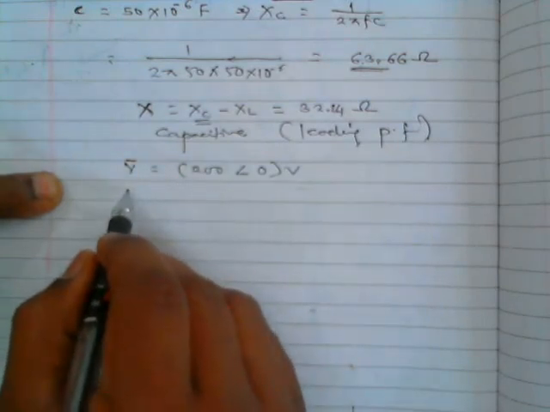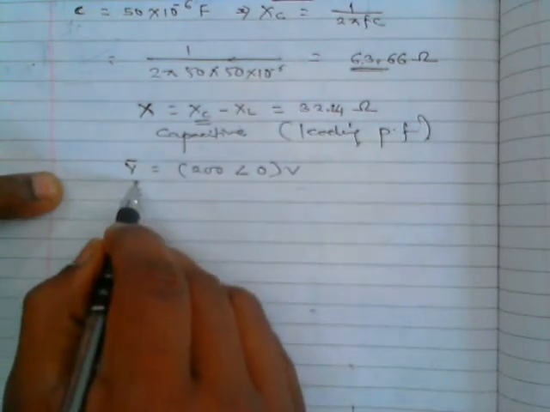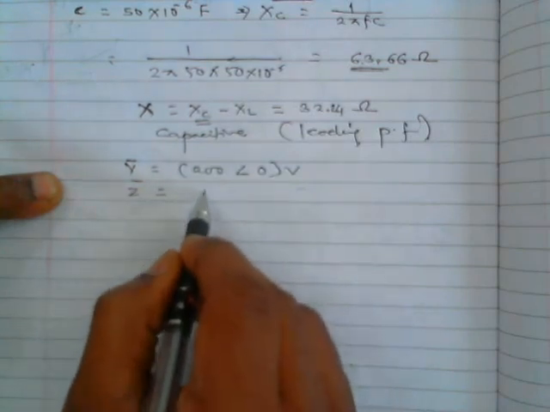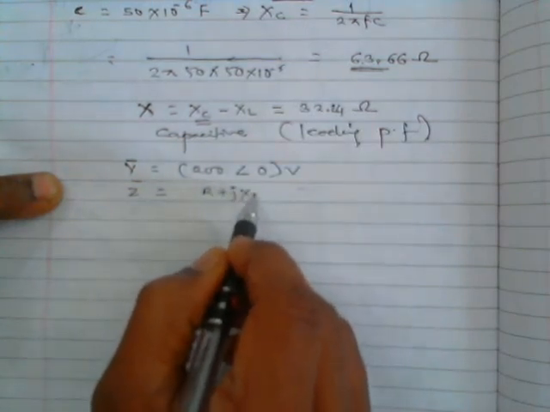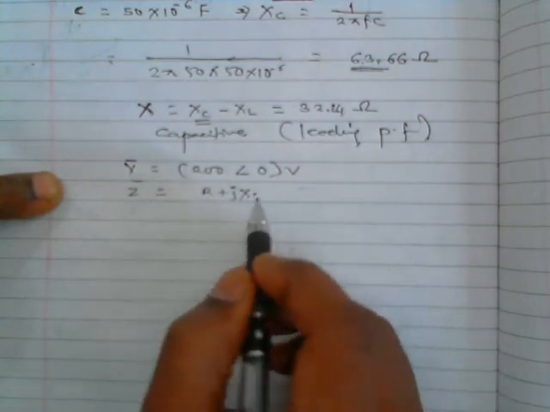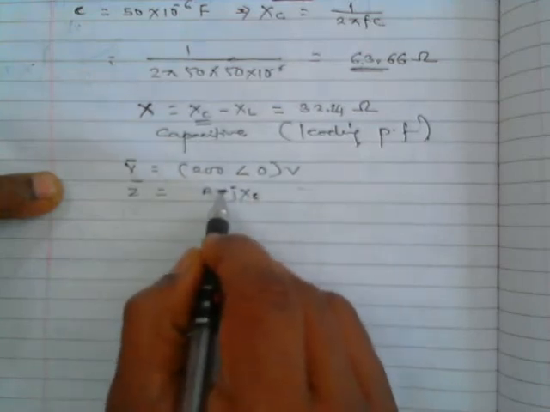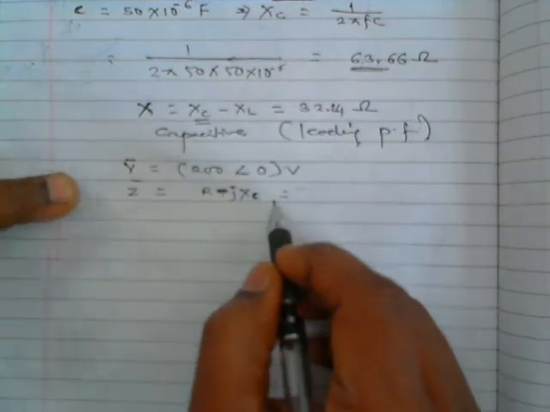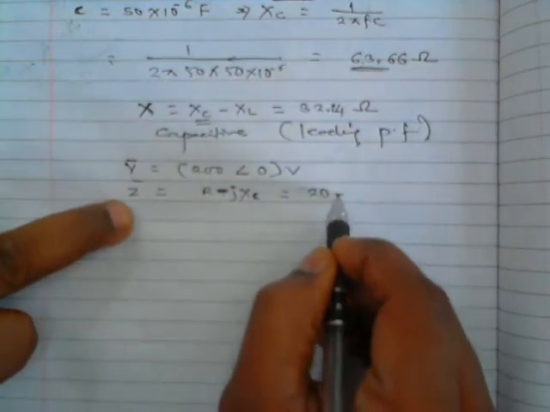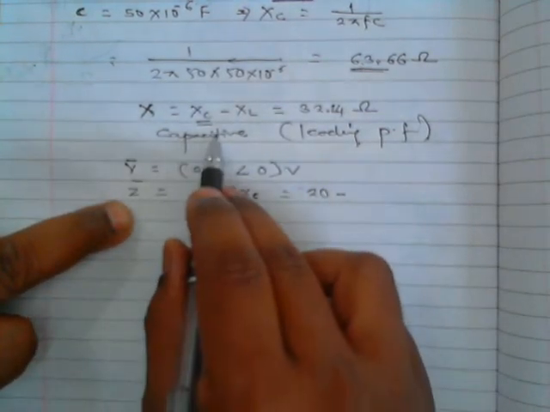Now similarly, what is impedance? Impedance Z bar is given as R plus j(XL minus XC). If it is XL then plus, if it is XC then minus, keep that in mind. R we have, that is 20. Minus j, why? Because our circuit is capacitive.